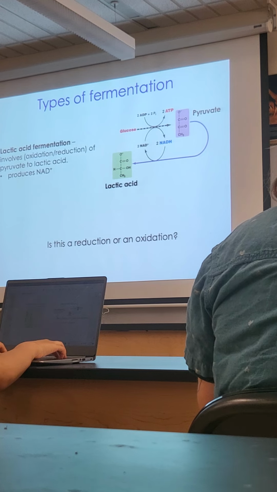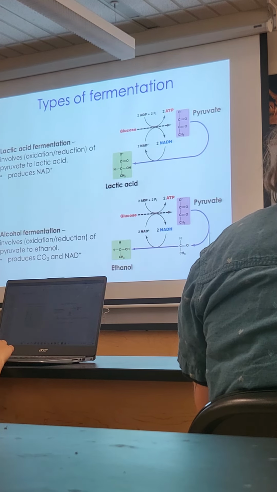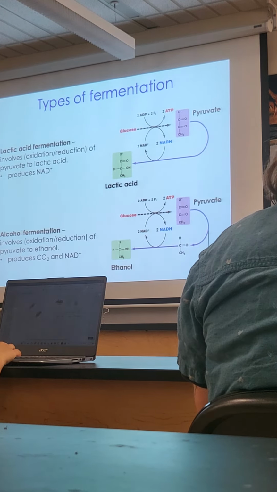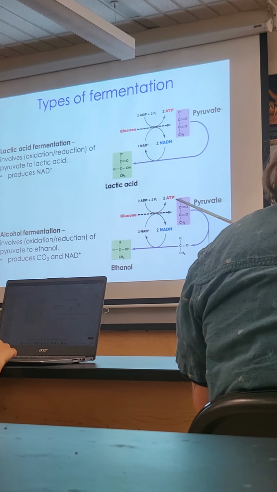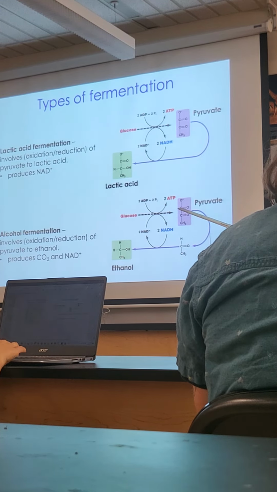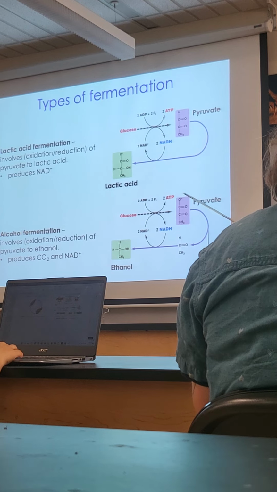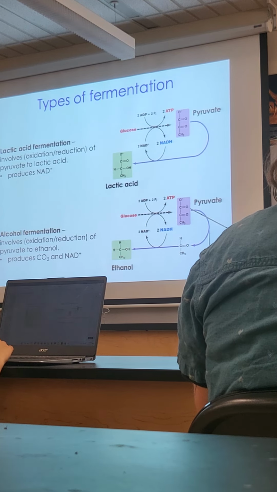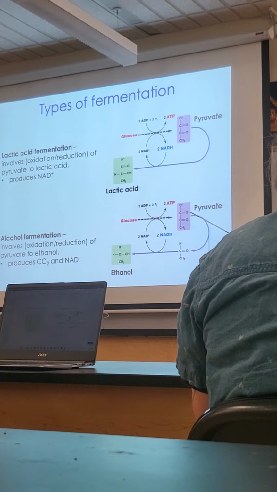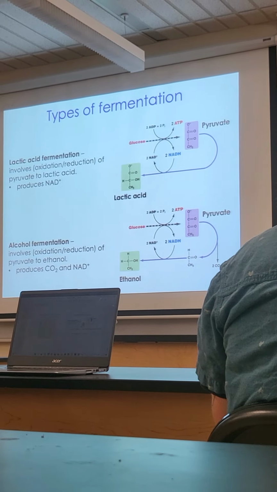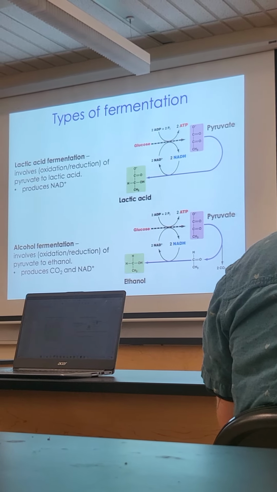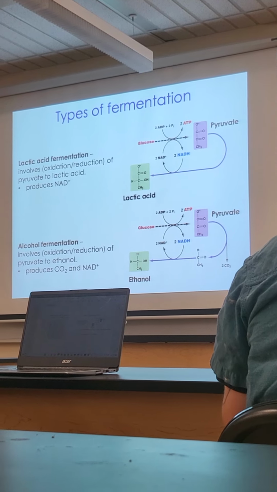For alcohol fermentation, we're also going to start with pyruvate. But the first step is to take this carboxyl group and remove it. So obviously when we have ethanol fermentation, we produce CO2. So if you think about beer production, you have CO2 in beer.